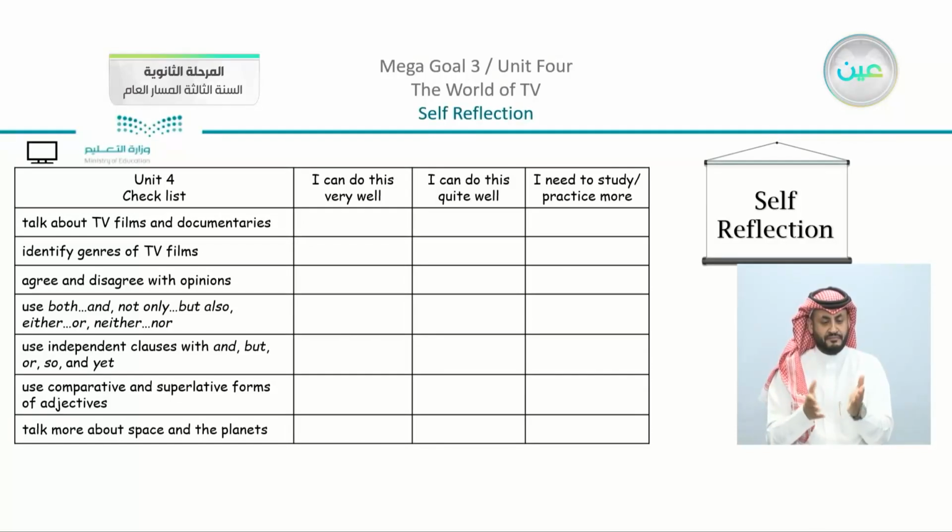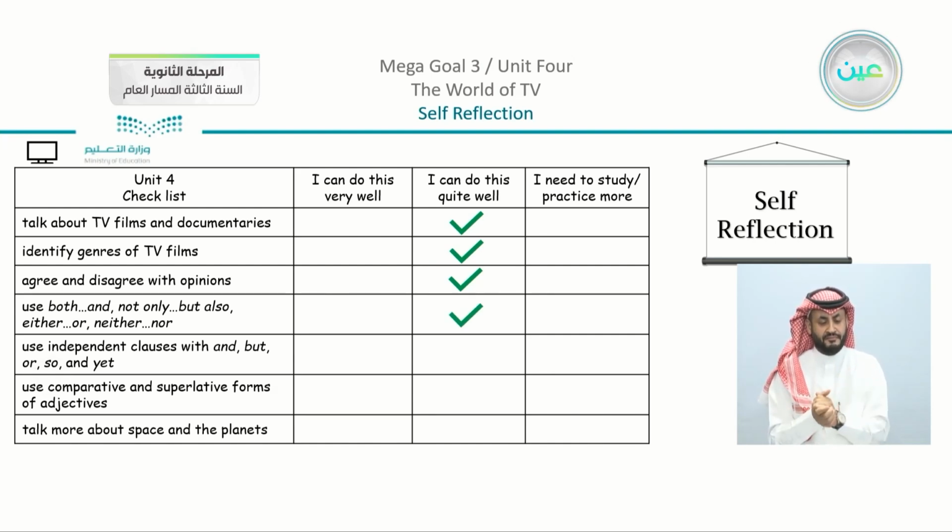We have the check table here. As usual, we have, I can do this very well, I can do this quite well, and I need to study or practice more. So we have here to talk about TV films and documentaries. Actually, it was very interesting and easy. Identify genres of TV films also. Agree and disagree with opinions. Use both and, not only, but also, either or, neither nor.